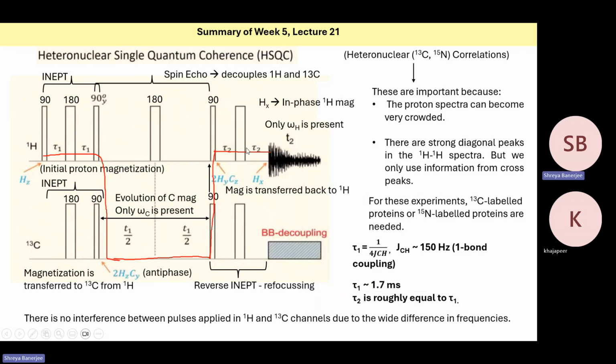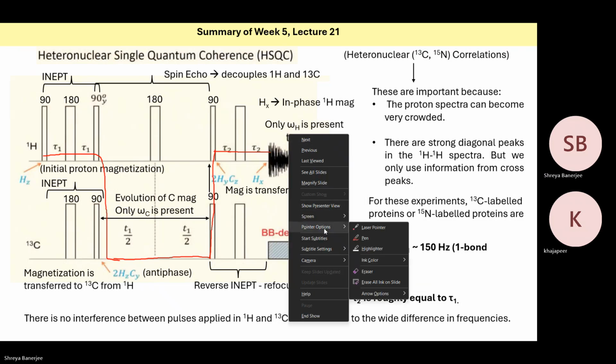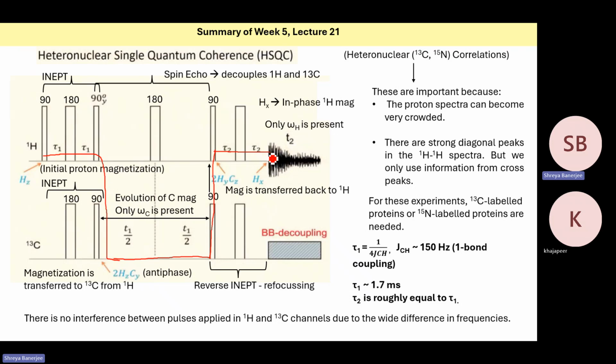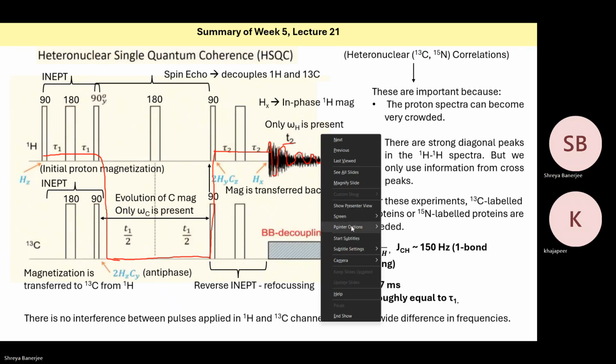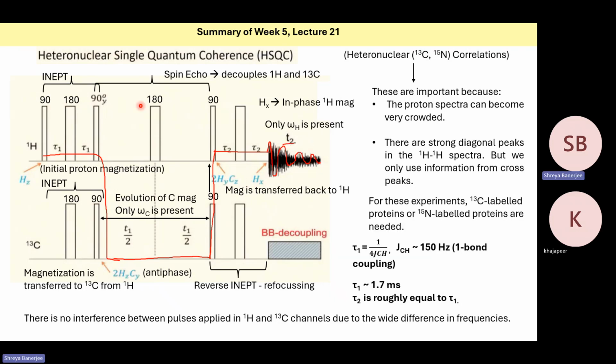So finally, after two time delays of tau 2, the FID is produced, which is collected in the 1H channel in time t2. So this is the basic pulse sequence of the HSQC. Now, one thing here is that you start with initial proton magnetization along the Z direction, or HZ.